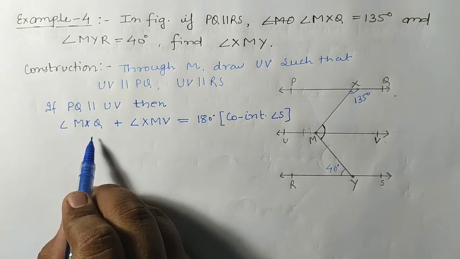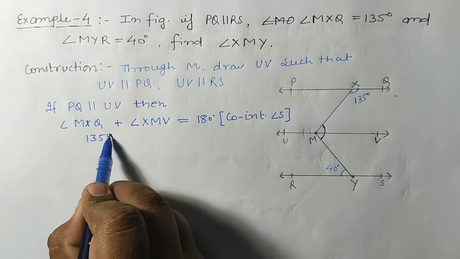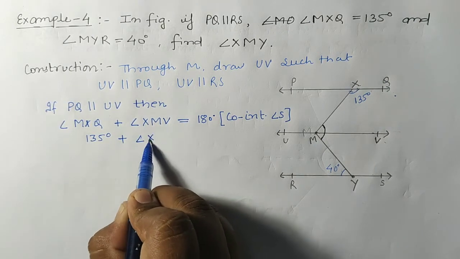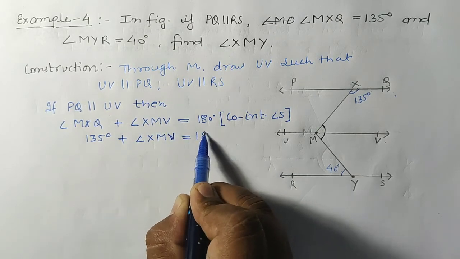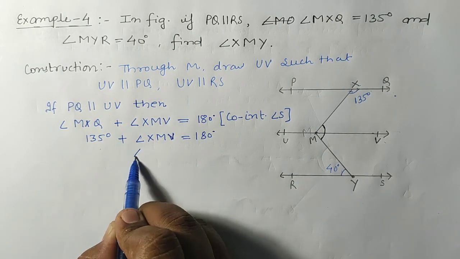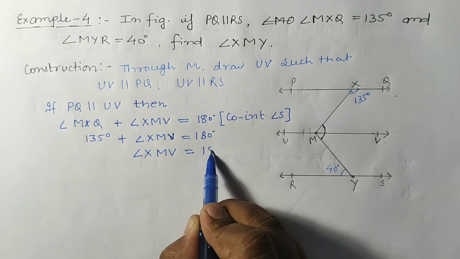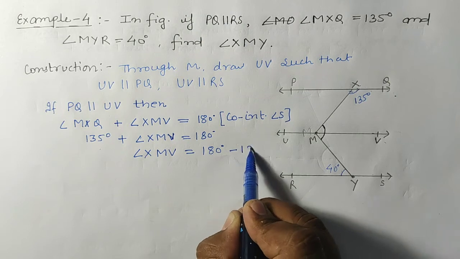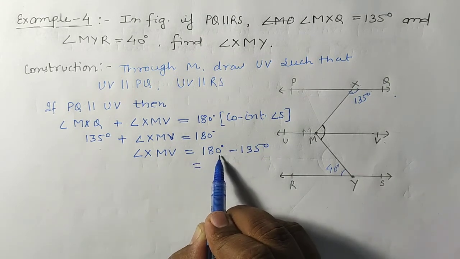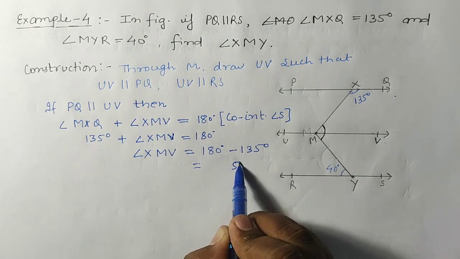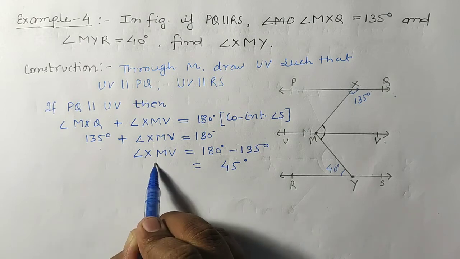Now the value of angle MXQ is 135 degrees, and angle XMV is equal to 180 degrees minus 135 degrees. So the value will be 45 degrees.